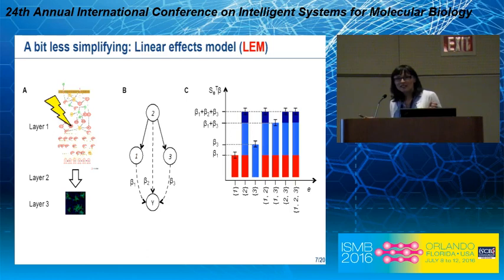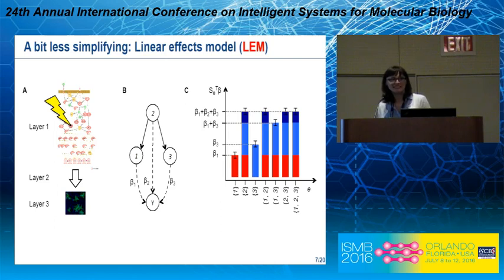Each gene G is also associated with a contribution to the effect, which we denote beta G. And now the most important assumption of the model is that the effect that you see is a sum of the contributions of the genes that are perturbed in the pathway, either directly or by propagation in this pathway.